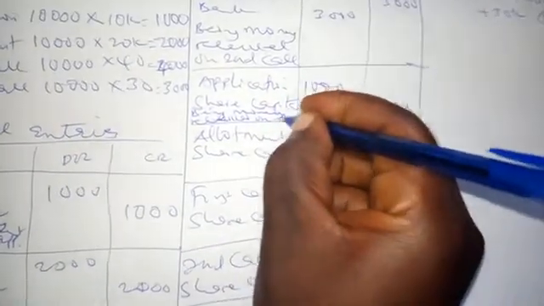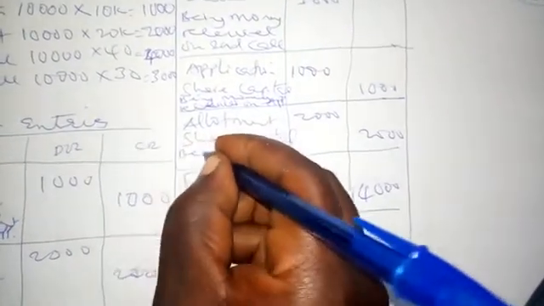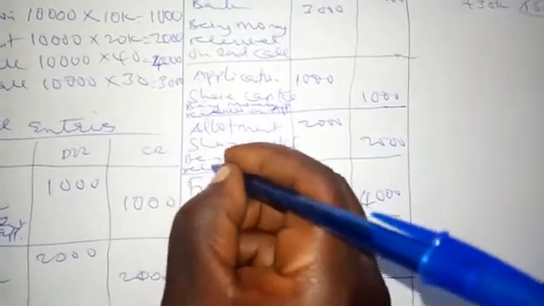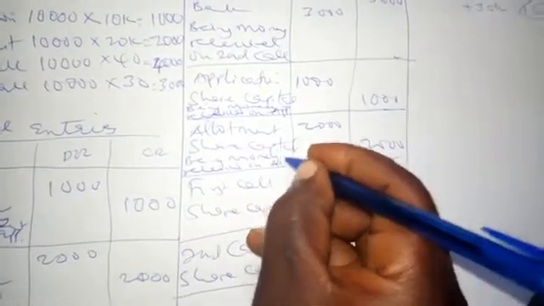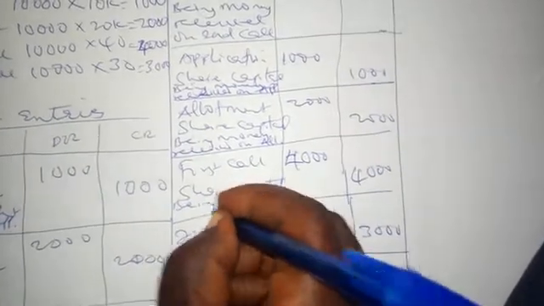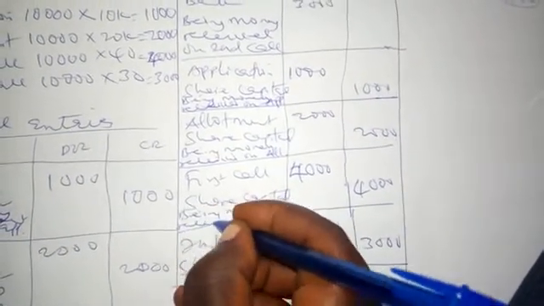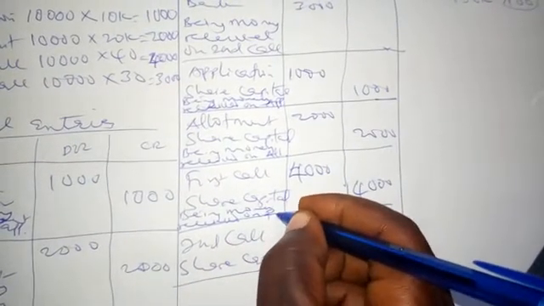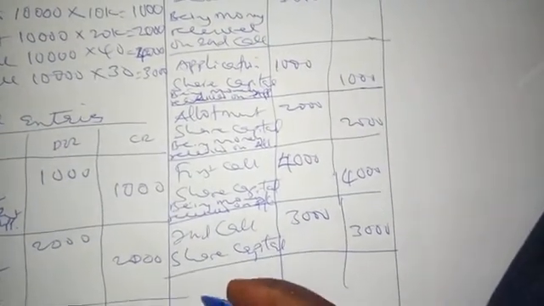This one being money received on allotment. Then this one being money received on final call, FC, please, you can put it there.